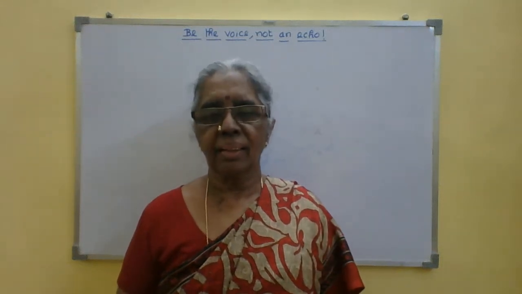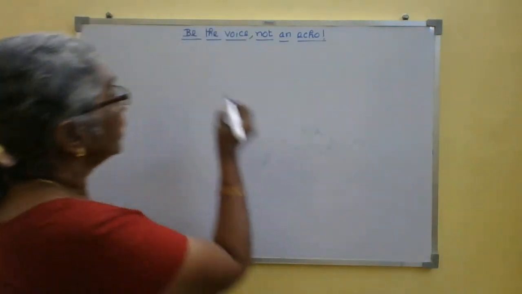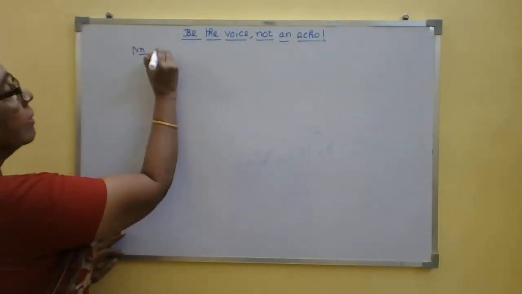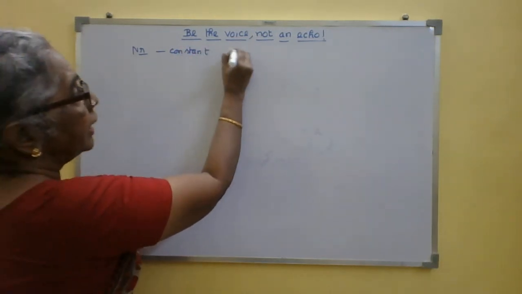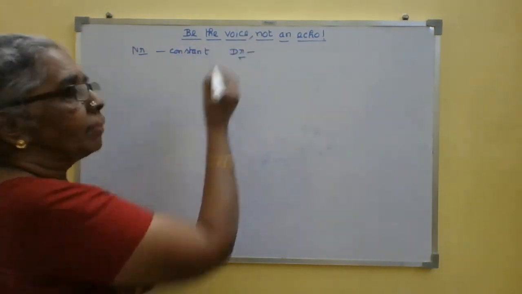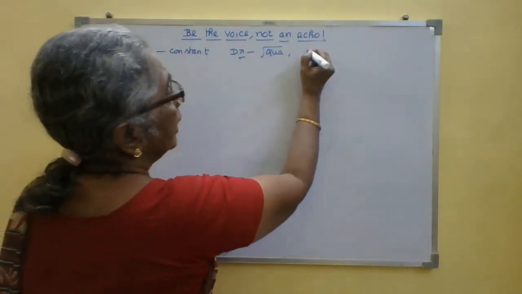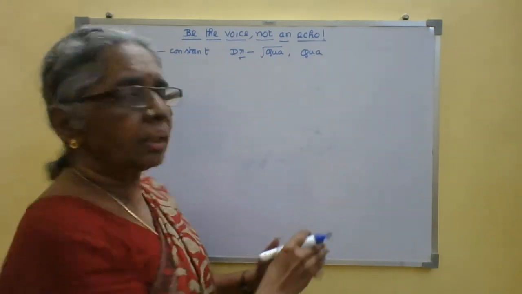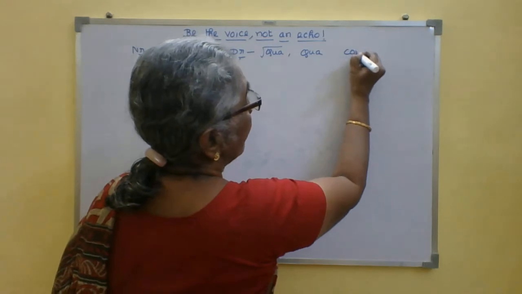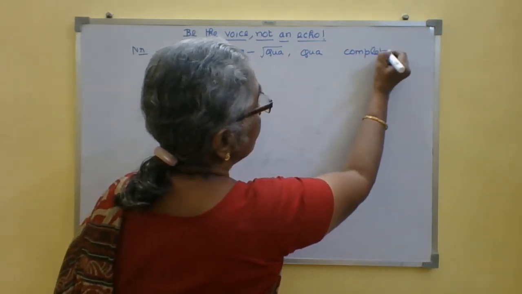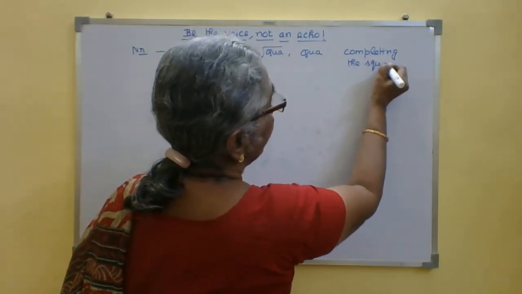Good day everyone. In indefinite integrals, you saw in the last video that when the numerator is a constant and the denominator is a root quadratic or a quadratic not factorisable, we have to use the completing the square method.